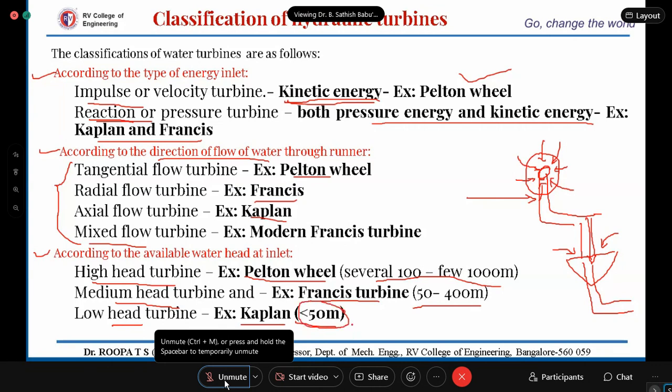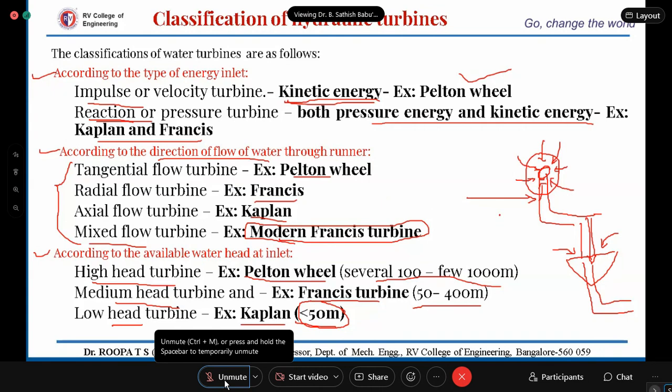In this, tangential flow means Pelton, you have already studied this. Radial flow, Francis turbine. Axial flow, Kaplan. Mixed flow means modern Francis turbine, and this is the one which is more frequently used, which is in use in many of the applications.